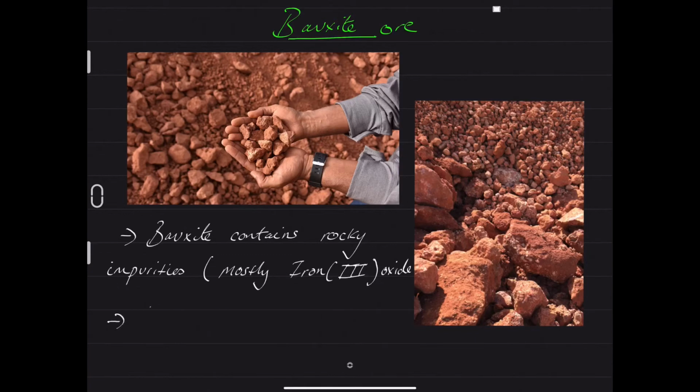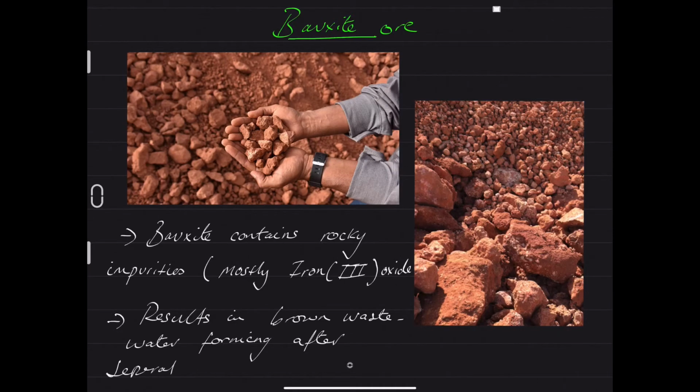So this results in brown wastewater forming after separation from aluminium oxide.